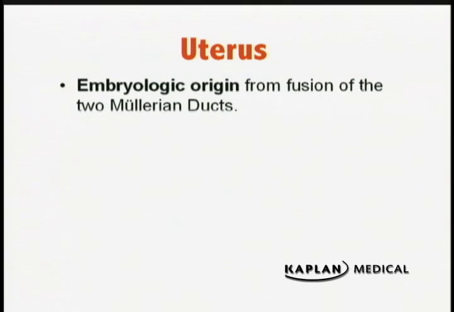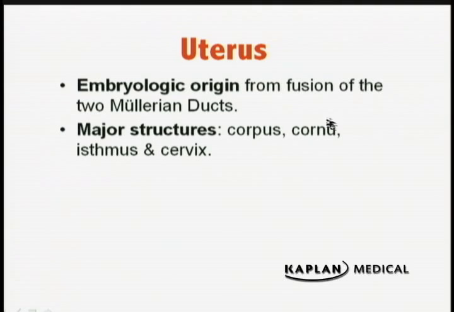We start out with the uterus. Embryologically, it has its origin from fusion of the two Müllerian ducts, as you will remember. We'll talk about that in some detail later. Various anomalies because of failure of fusion of the Müllerian ducts. The major structures of the uterus are the corpus of the uterus. Corpus means body, which is the main part.